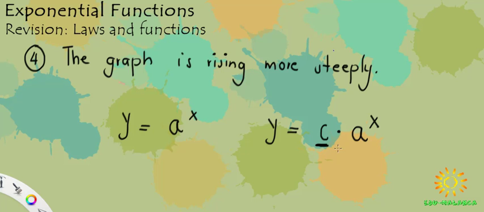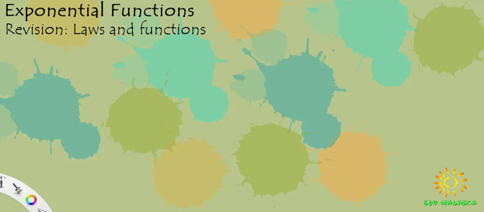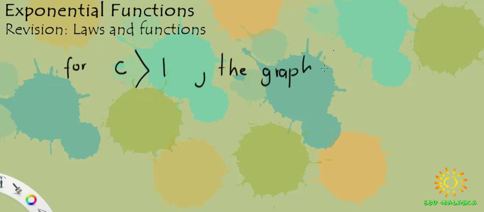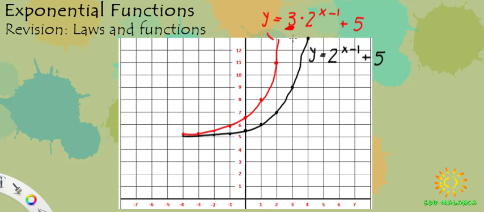When this coefficient is a positive whole number greater than 1, then for c greater than 1, the graph rises more steeply. Just as we saw in our example, our coefficient is a positive whole number that is greater than 1, and we can see that the graph is rising even more steeply.